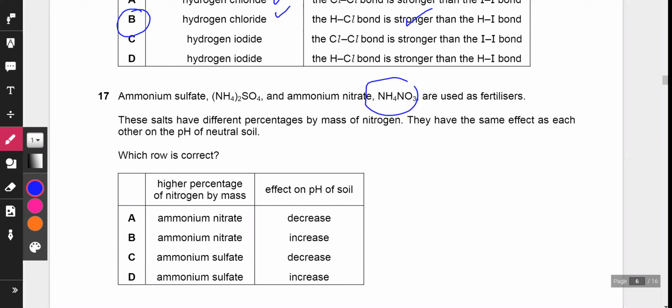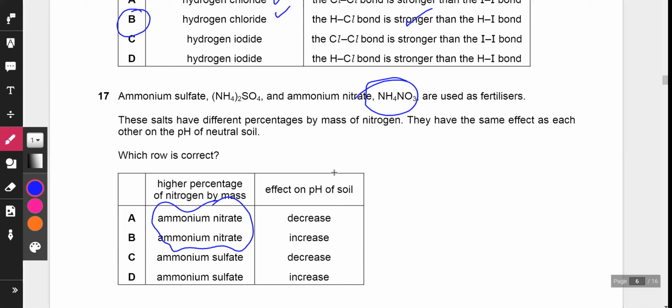I think it's this one. You can go and calculate this, but my hunch is it's this one because there's less oxygen and there's no sulfur. These are big atoms. There are four oxygens. So definitely more nitrogen compared to the other atoms. So that's probably going to have a higher percentage. You can do the calculation, do the math, just to confirm.